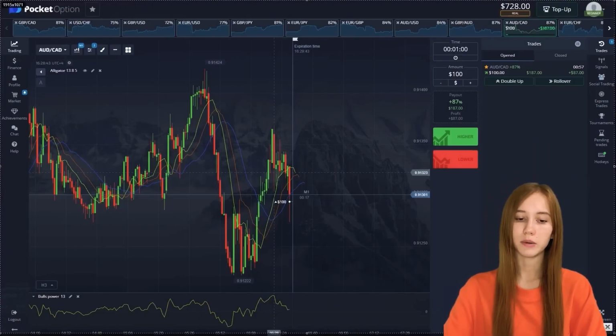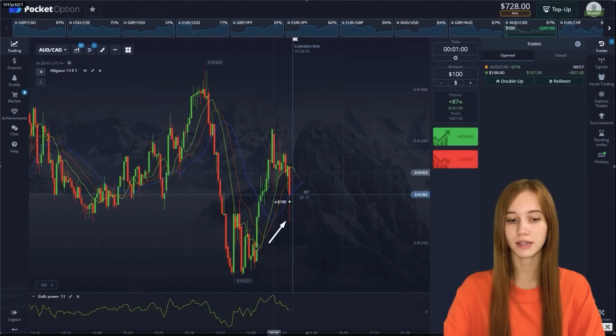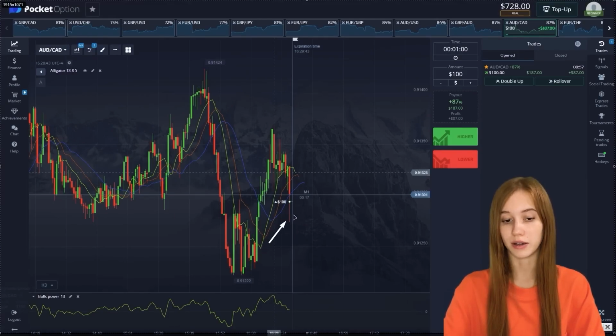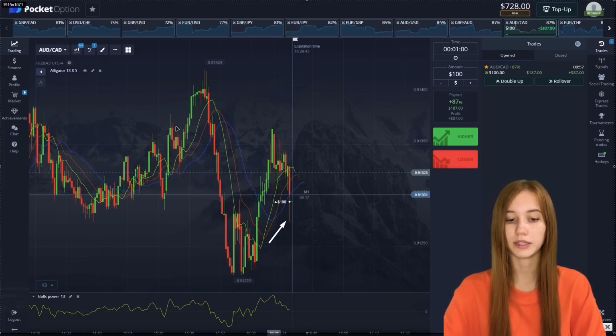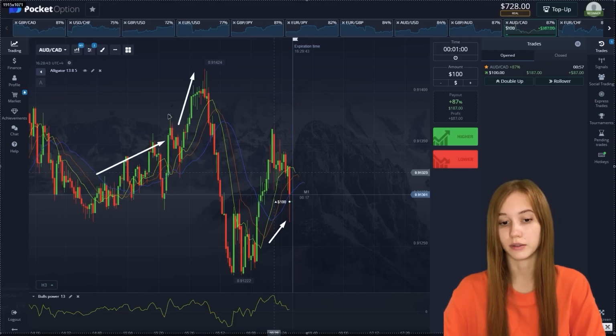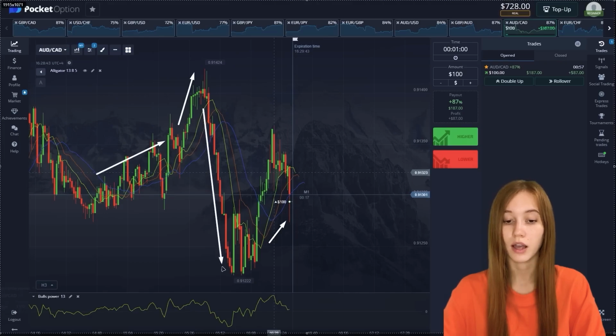At the moment of opening, we see a shadow below. This indicates that the market will roll back down. But if you look at the picture, why did this happen? Firstly, there was a rapid growth. It happened little by little. Then they shorted sharply.